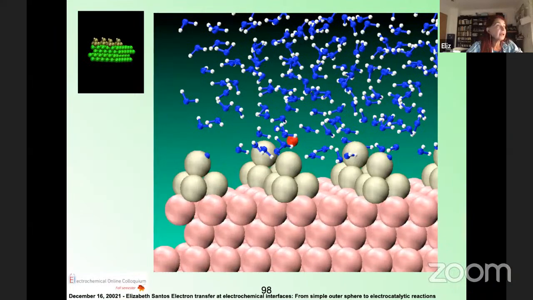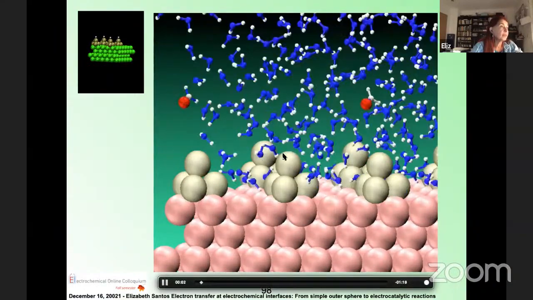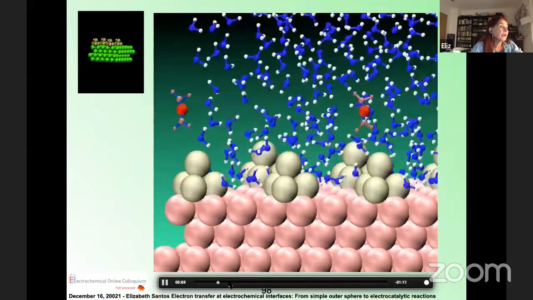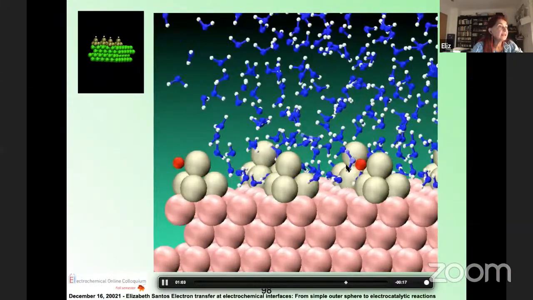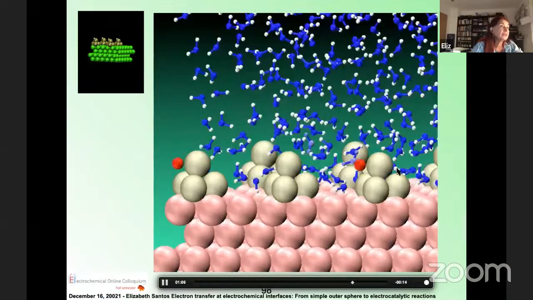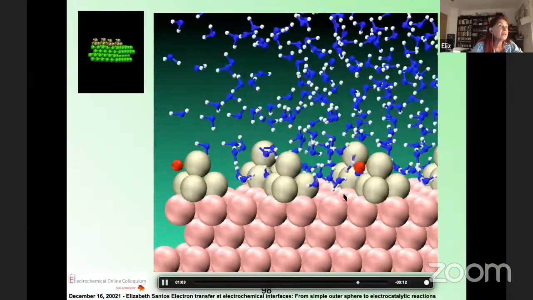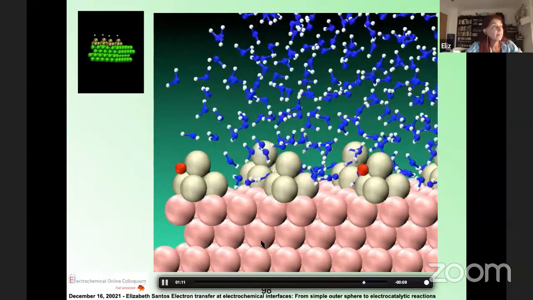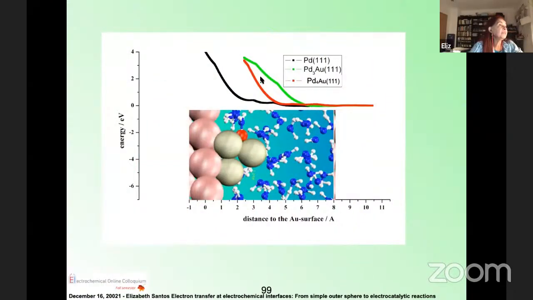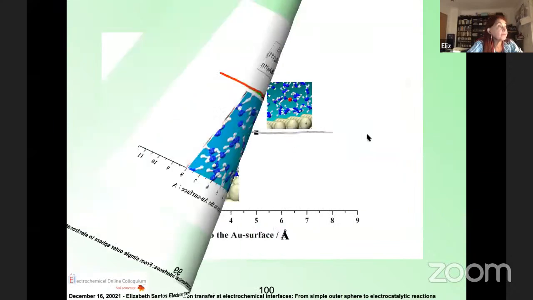Here is the other case, with a three-dimensional cluster of palladium, and we see it coming around the cluster and still having a solvation shell around. That makes the PMF for the different nanostructures also different. That means the reactant can approach the surface maintaining part of the solvation shell, and this is good to save energy.